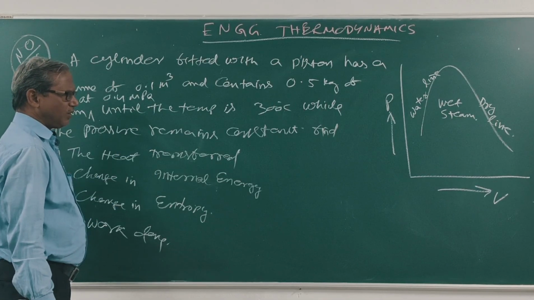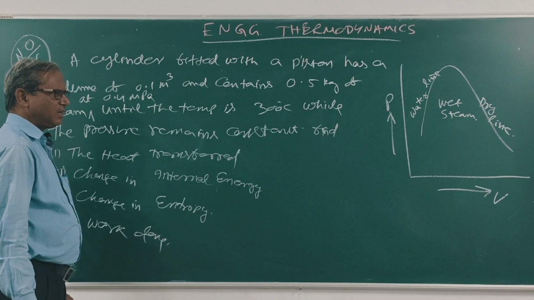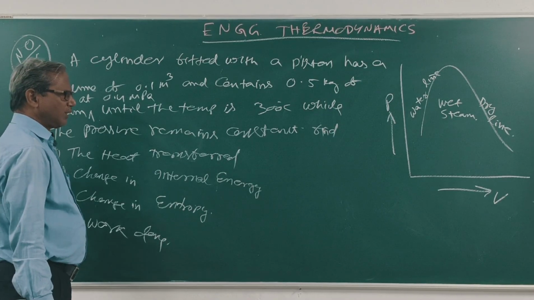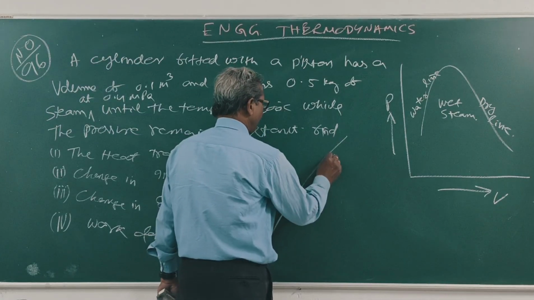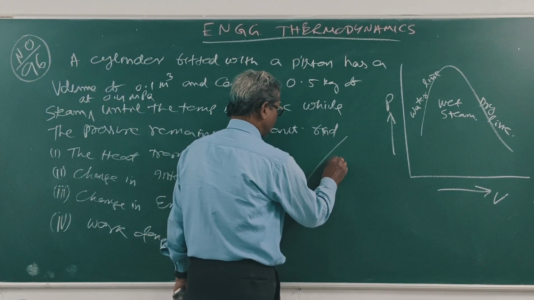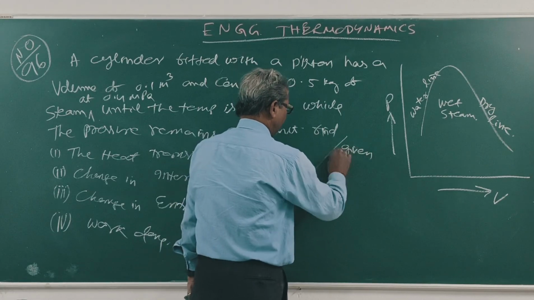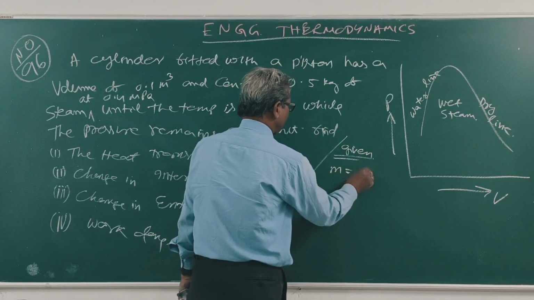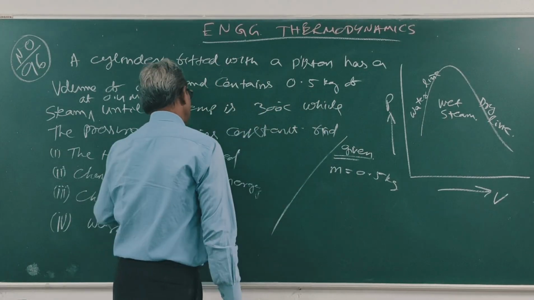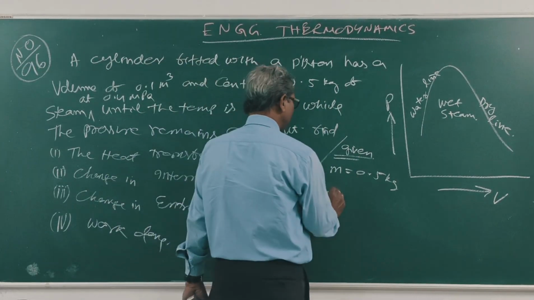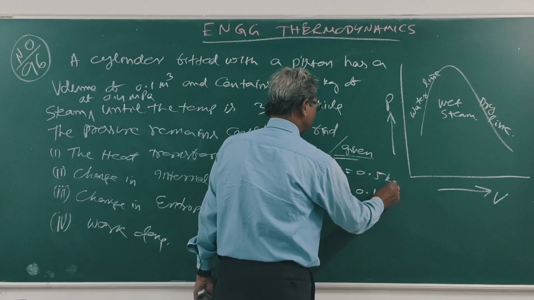First we will find out the dryness fraction and the specific volume. Given mass m is equal to 0.5 kg. Total volume V is equal to 0.1 meter cube.